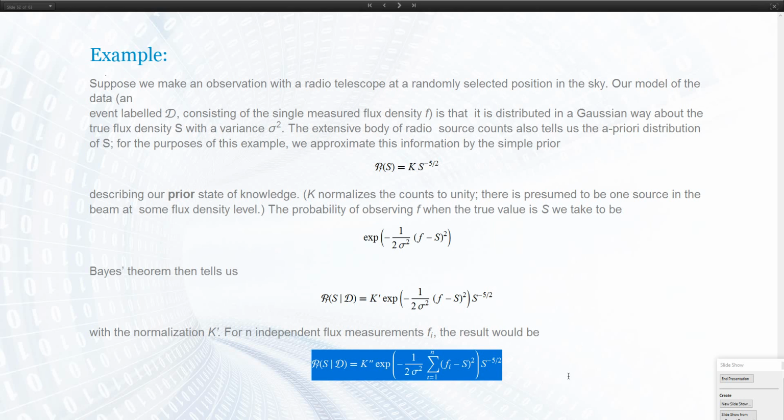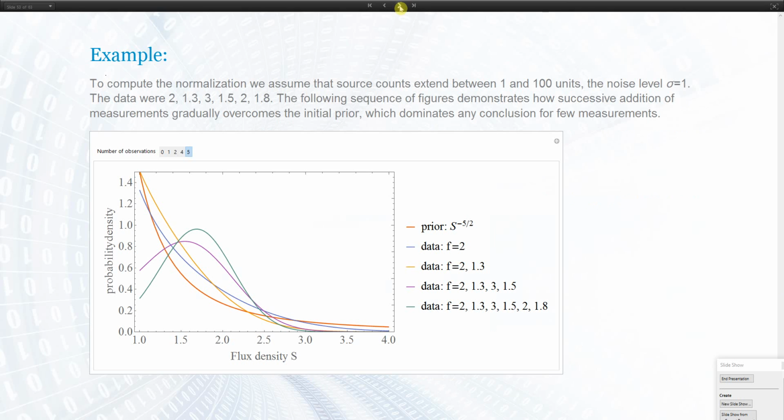And let's assume this is the data that we took. Measurements in some arbitrary units, maybe Jansky. We have a noise level that we can estimate from our detector, and we know the numbers need to be between 1 and 100 because everything else is physically not possible.